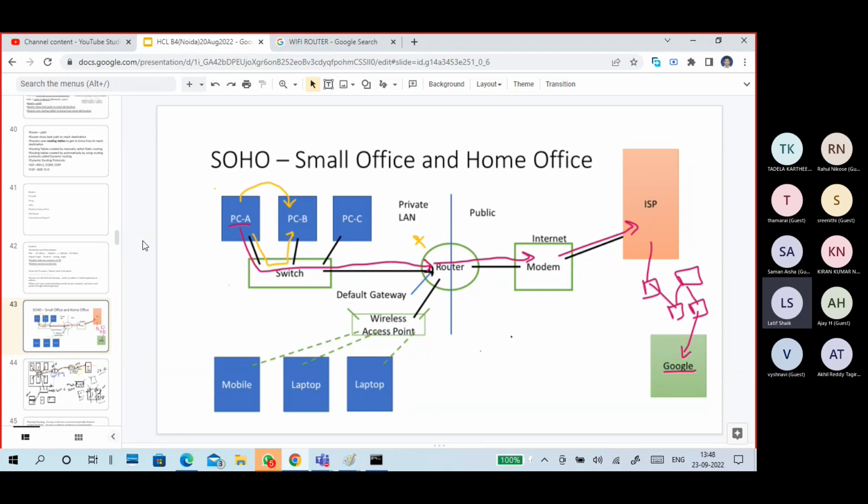Now the router has internet. How do we distribute this internet to your computers? You can connect a router to a switch, and through the switch you can give the internet to your PCs.